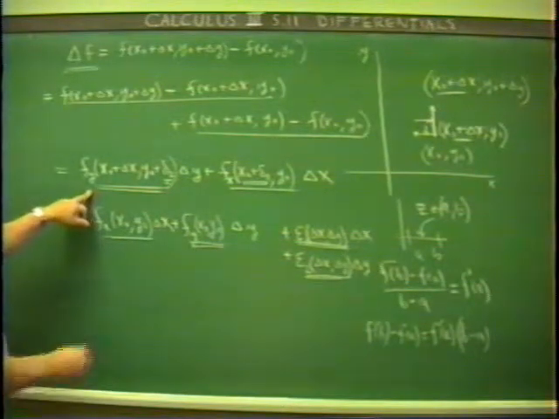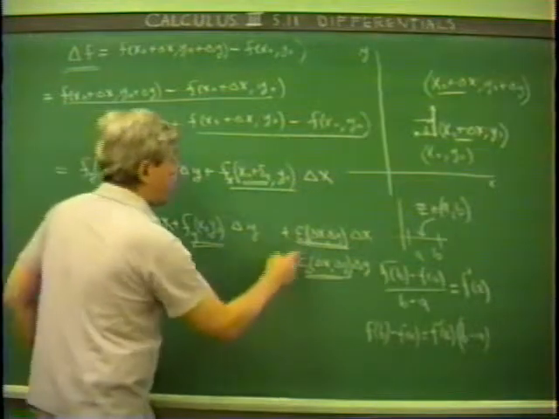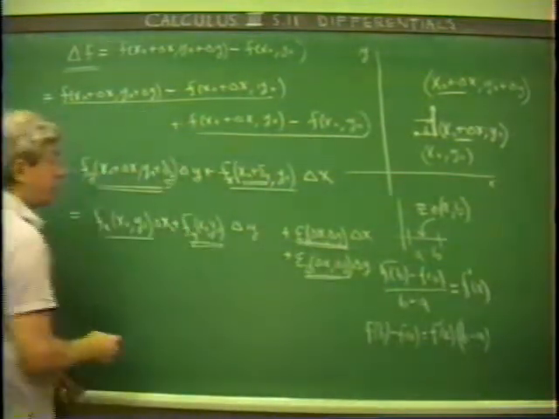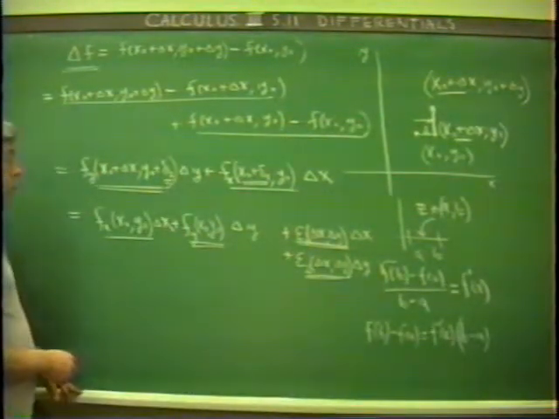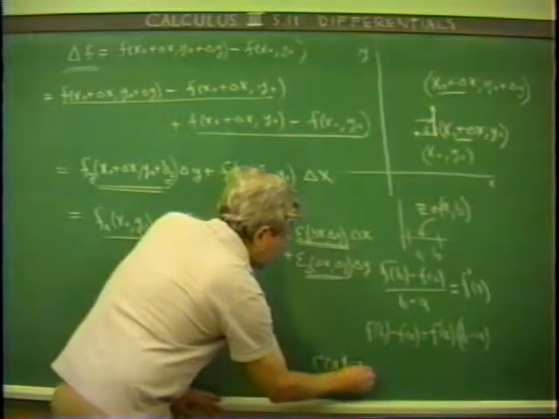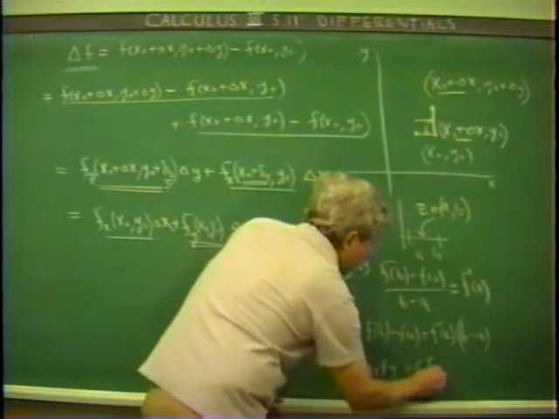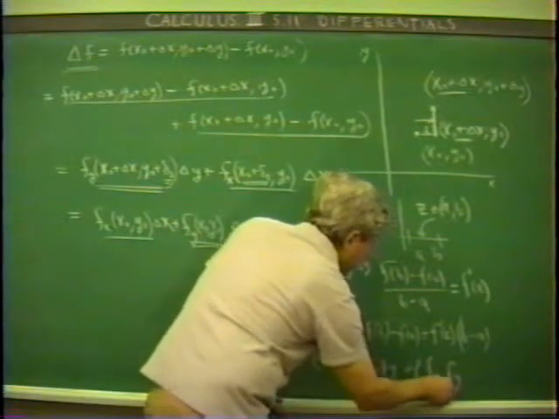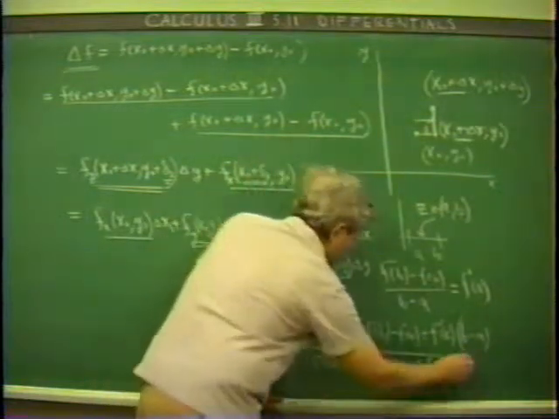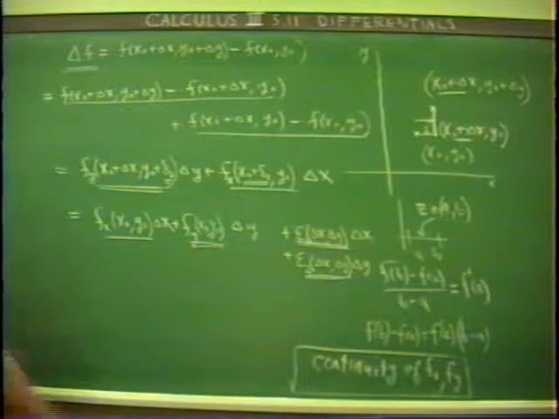That's to say, this differs from this by this epsilon 2, and if we've got continuity of fx and fy, then these will go to 0 as delta x and delta y approach 0. So we're assuming continuity of fx and fy.